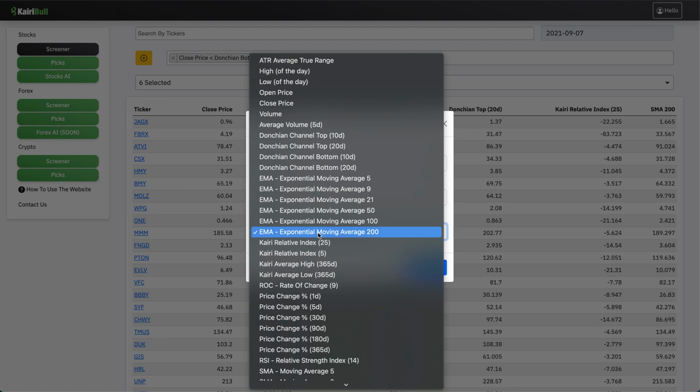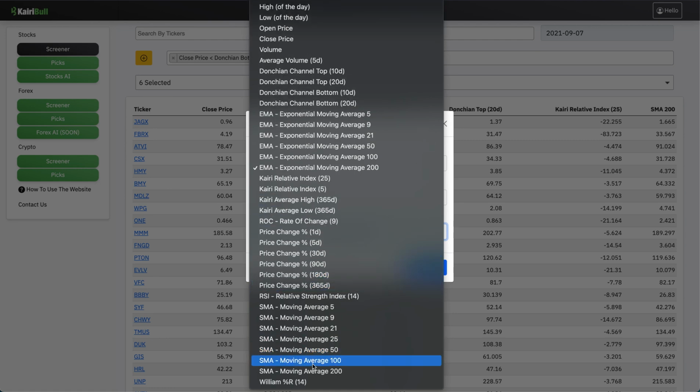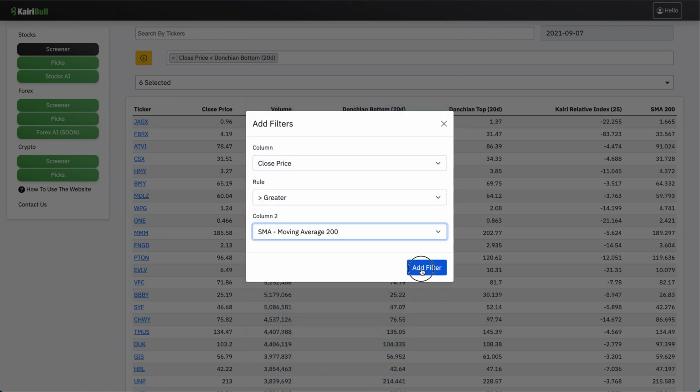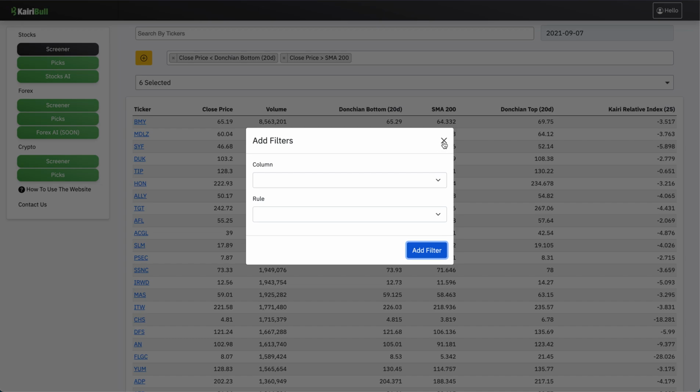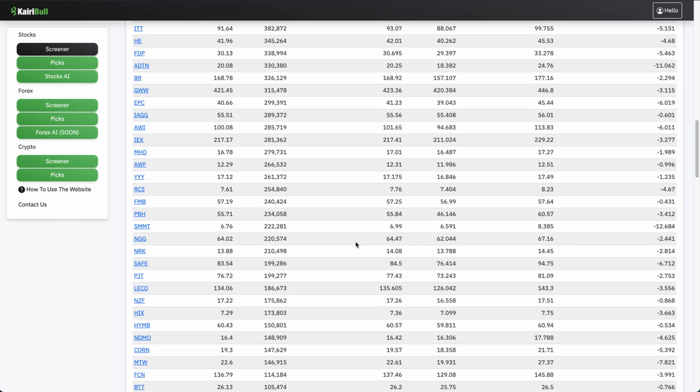And now this is exponential, we want the simple moving average. Okay, so these are the stocks we have.